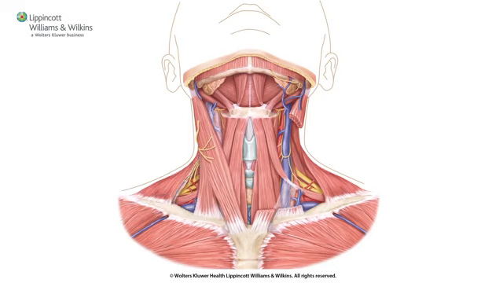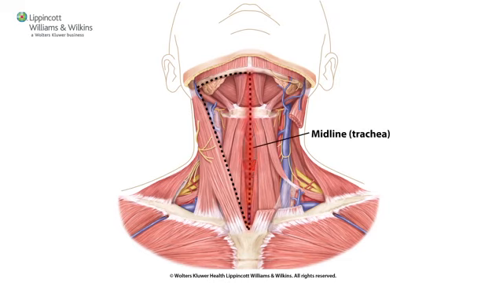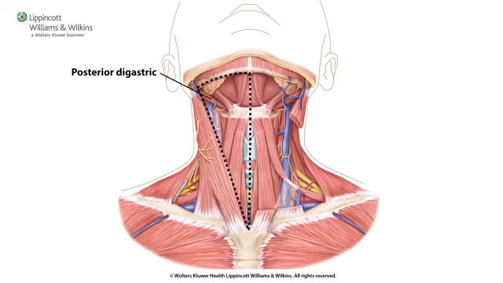So let's go on to the other side of the sternocleidomastoid and talk about the anterior triangle of the neck. The anterior triangle is formed by the midline of the neck, or the trachea, and the mandible on the superior aspect, and then on the lateral aspect, again, that sternocleidomastoid. So what do you have in this region? Up in the superior aspect, you have the posterior digastric muscle and the anterior digastric muscle.